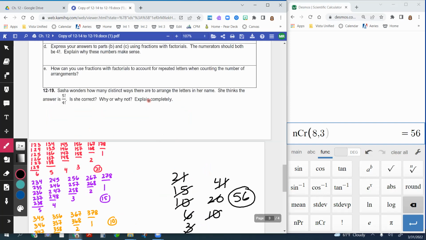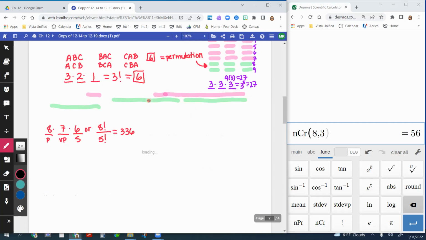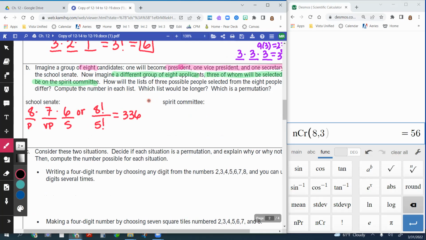Okay. So let me go back up here where they asked us how many different ways can that happen. There were 56 different ways. So there's a lot less in this situation than this situation.